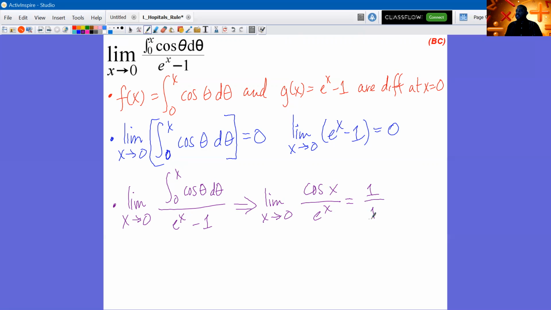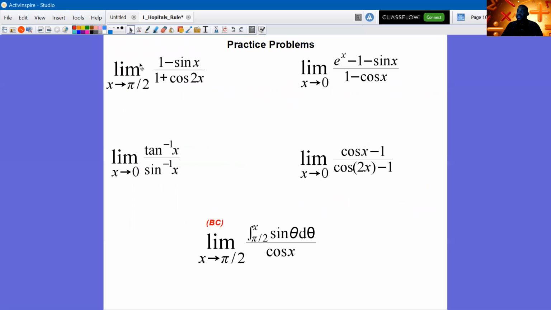We get 1 over 1, which is 1. Again, L'Hopital's rule. So again, another set of problems dealing with trig. So if you understand these problems dealing with trigonometry and inverse trig, then you can practice these problems as well.